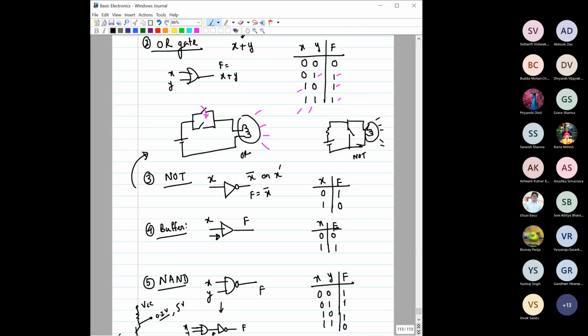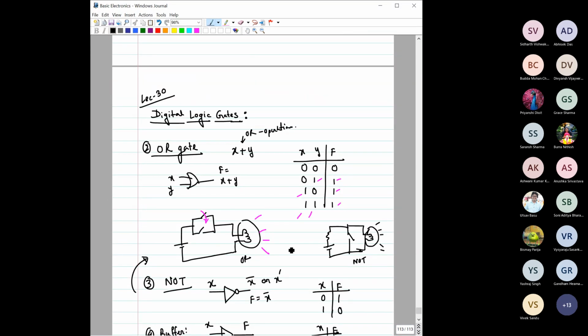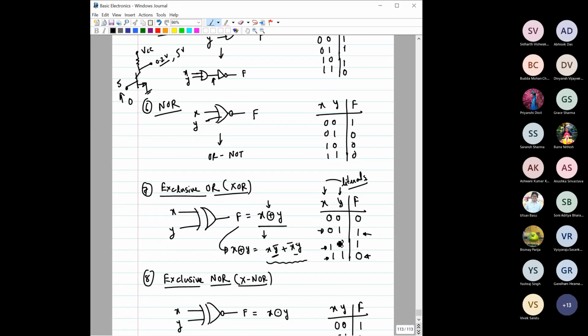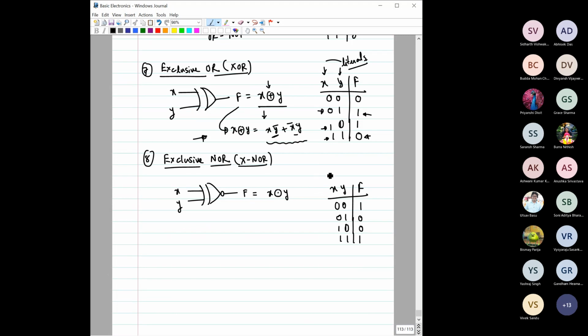So if you know how to represent these basic gates by this circuit, by this switch and this bulb representation, I hope it would not be difficult for you to represent this exclusive OR. Is this clear to you? Yes, sir. Okay, just a minute.